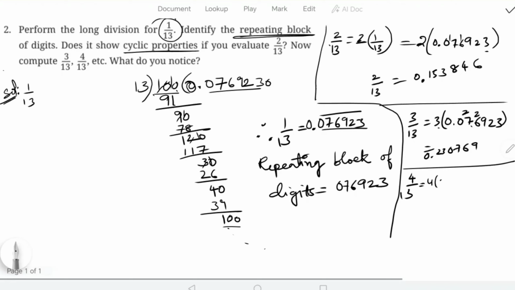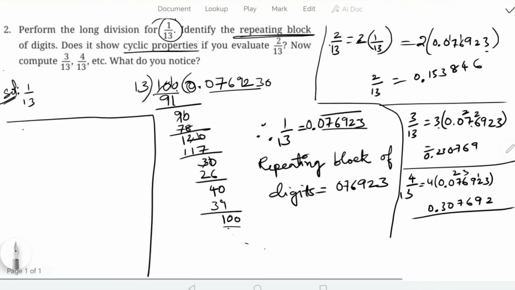So 4 into 0.076923. 4 threes are 12, 4 twos are 8, plus 1 is 9, 4 nines are 36, 4 sixes are 24, plus 3 is 27, 4 sevens are 28, plus 2 is 30. So 0.307692.